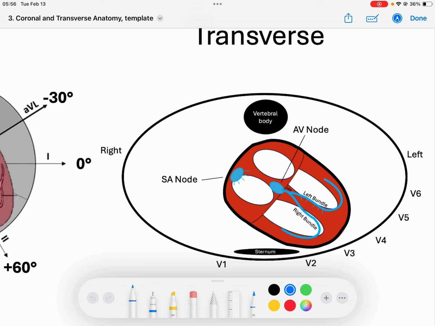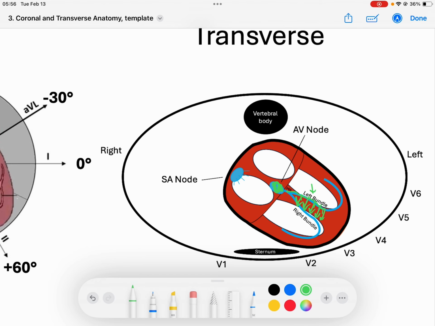And so remember that the left bundle, so this left bundle here, it has these tiny projections that come off. And so when the AV node conducts signal down the left bundle, the first thing to depolarize is the septum. So a left bundle depolarizes the septum from left to right.